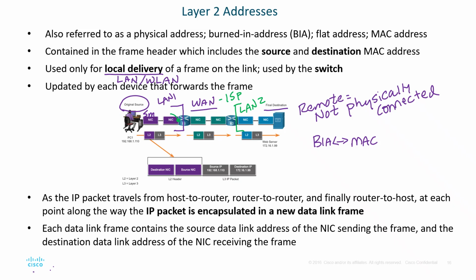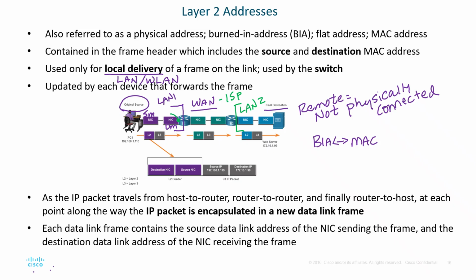So, from here to here is my first trip. For the first frame, this is my source MAC, this is my destination MAC. This router does what it does based on our previous slide, right? It unwraps it to get to the IP address. If it can deliver it, it rewraps it.